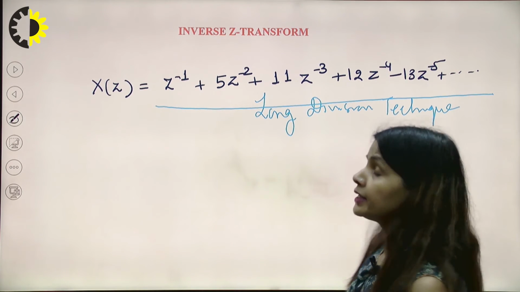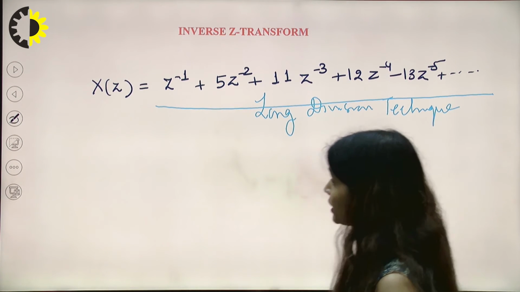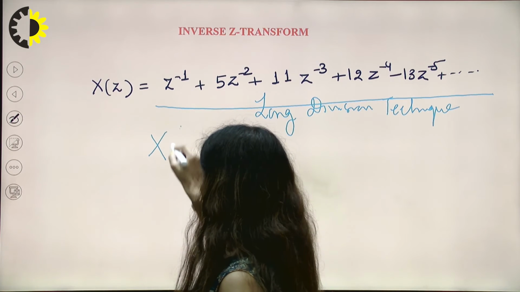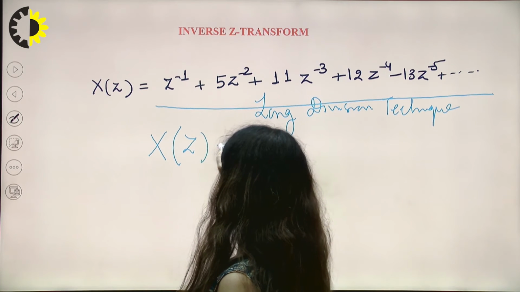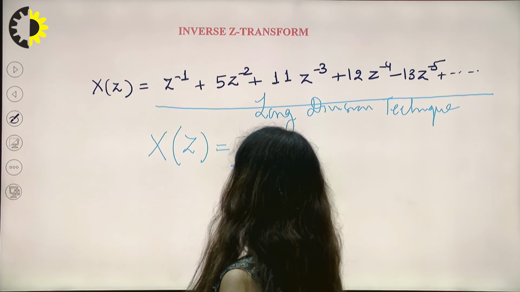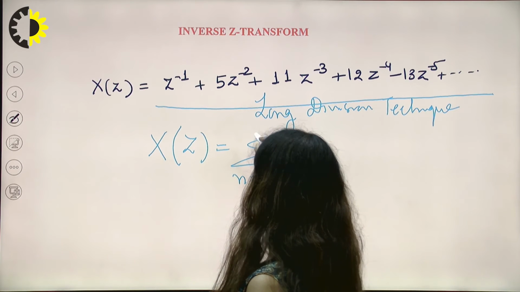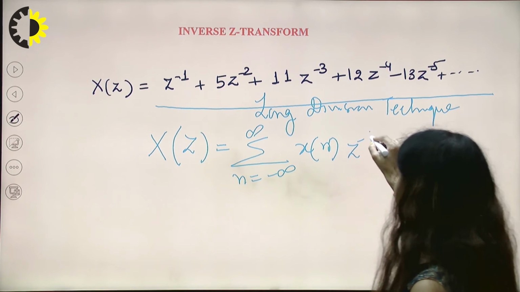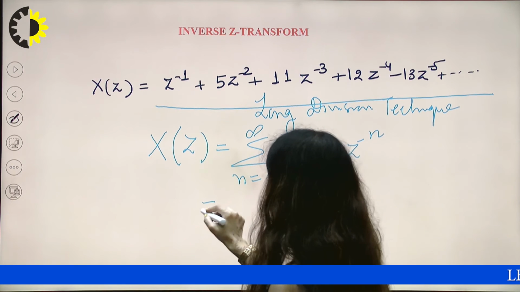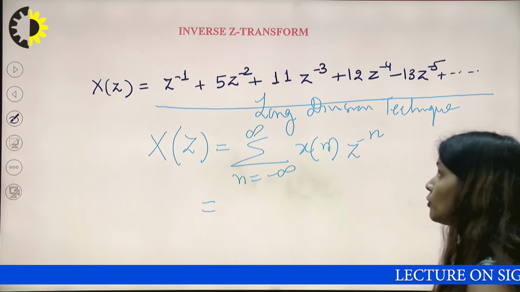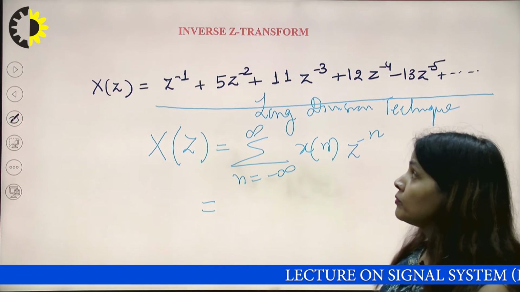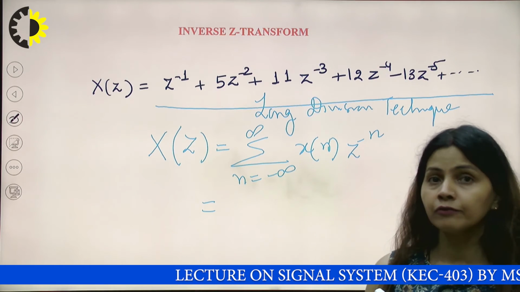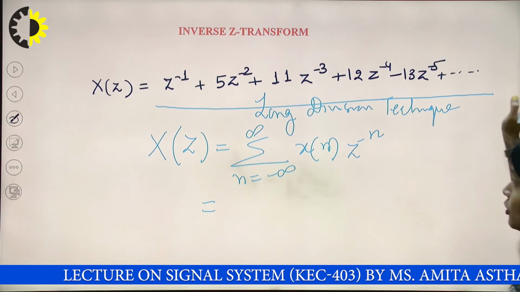So my target is complete for converting it to X(z), that is, summation n equal to minus infinity to plus infinity x[n] z raised to the power minus n, and here n is obviously from 1 to infinity.